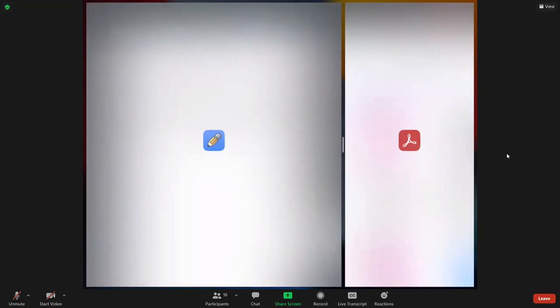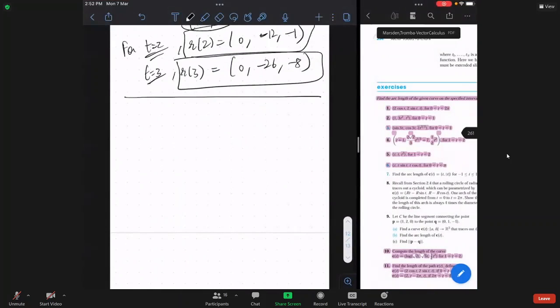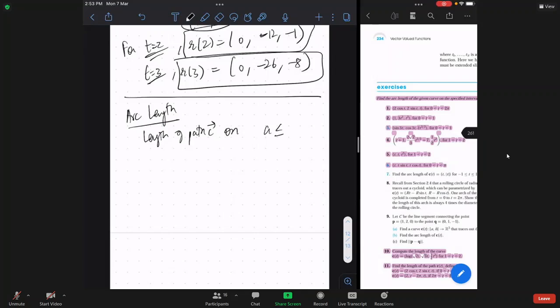So let me first define what an arc length is. If you consider C as a path, the arc length is basically the length of path C on a particular interval a less than tau less than b.